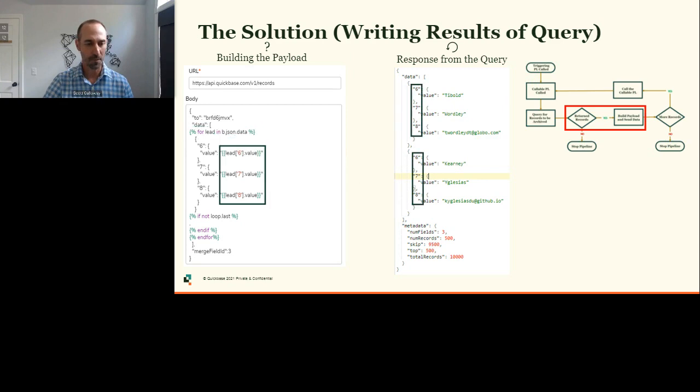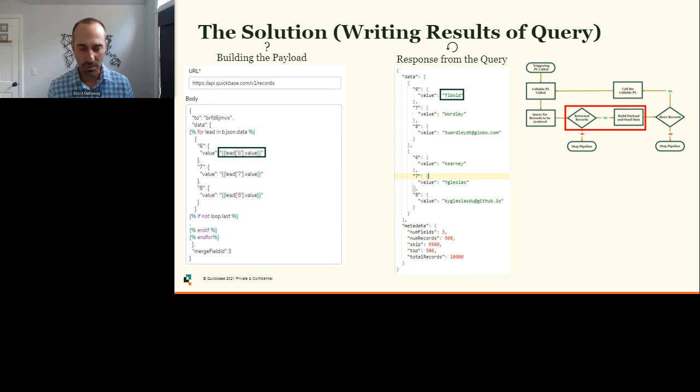Then you look, what we're doing is we're populating the values for that payload with the values from the response query. So if we look at that first one there, you see in the squiggly brackets, we have lead, and then we're referencing field 6.value. Well, that's just going to go replace everything in the squiggly brackets with the value from the response, which is, what is that, Tybalt, right?